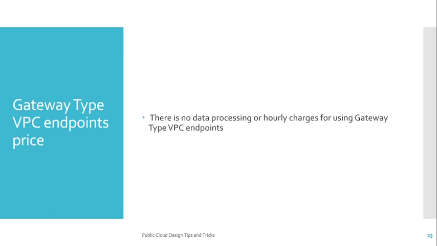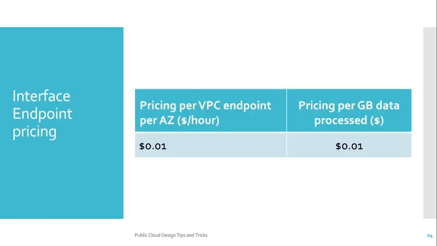Now let's discuss the price part. For the gateway type VPC endpoint price, there is no data processing or hourly charge for using a gateway type VPC endpoint. This is one of the powerful and best features which Amazon provides. Then the interface endpoint, for processing, per VPC endpoint per hour, you have to pay $0.01 per hour.